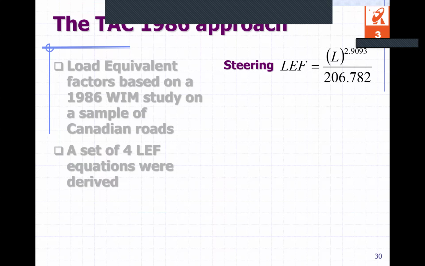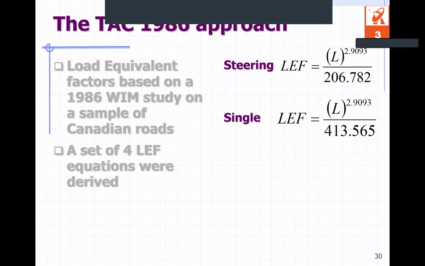This is the equation for the load equivalency factor, or the amount of damage produced by a steering wheel. This equation is for a single axle load. And if you see, actually, the equations are almost the same, but the single axle load produces half the amount of damage of the steering wheel.